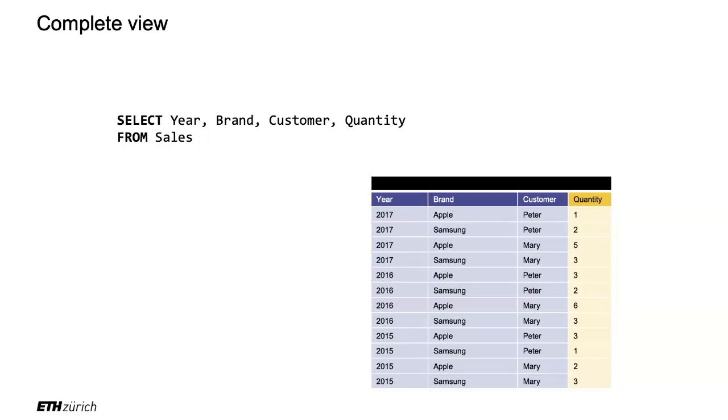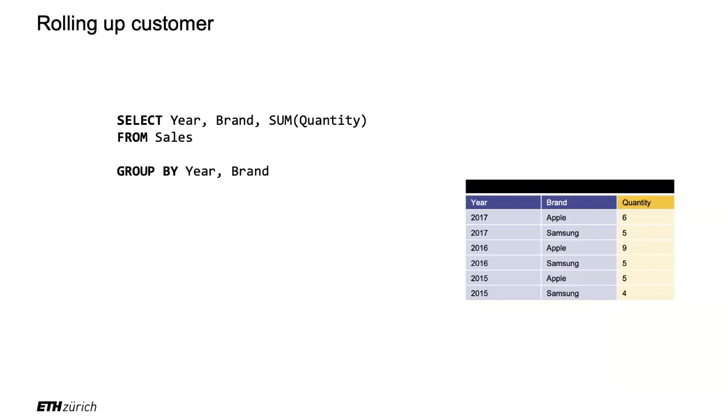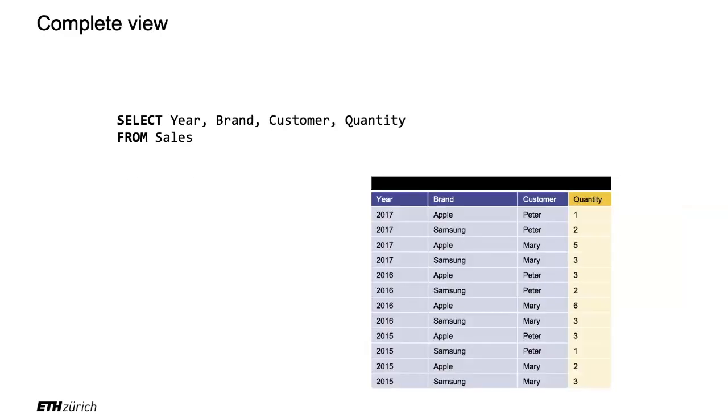Now, it's interesting to look at the aggregation. How do we do rollups in SQL? So let me start again with my full table with my 12 values in there, organized in 3 dimensions, so 3 times 2 times 2. Now, imagine that I want to do a rollup. I want to roll up on the customer.